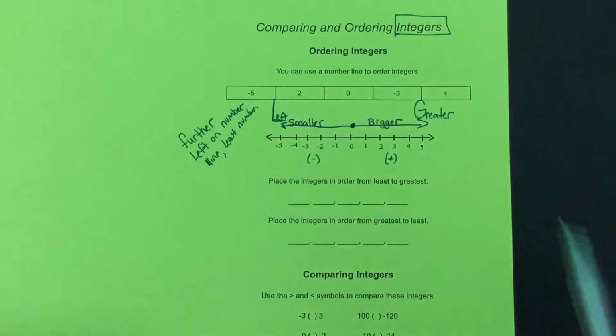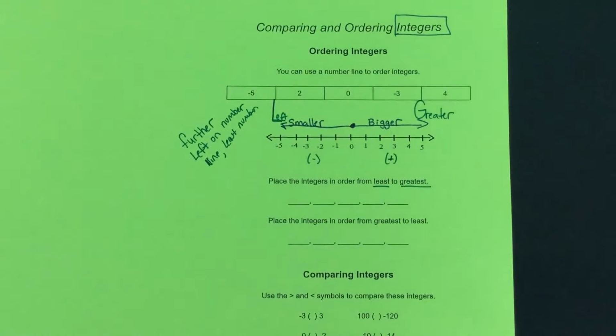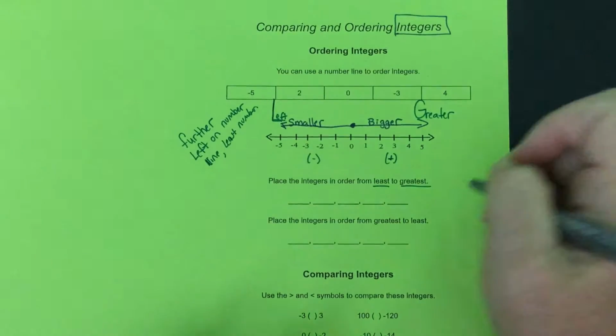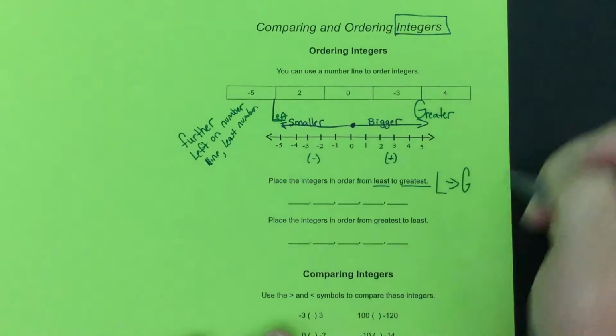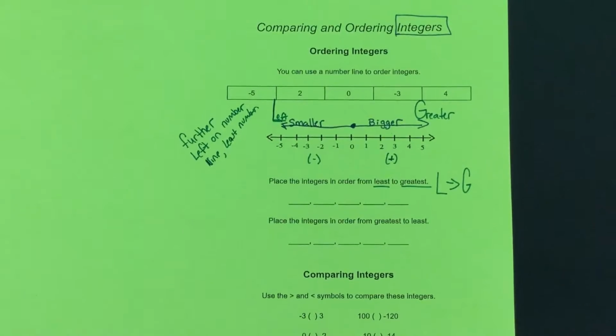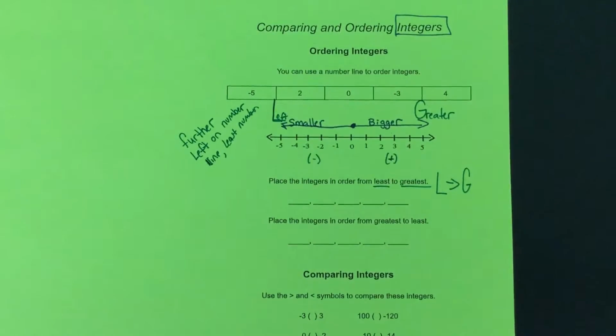All right, so we are going to place these integers in order from least to greatest. Now, I know one of your strategies that they have taught you in the past is to write out least to greatest, because sometimes it may ask you greatest to least, and sometimes it may ask you least to greatest. Now, I'm going to place these 5 integers on the number line.